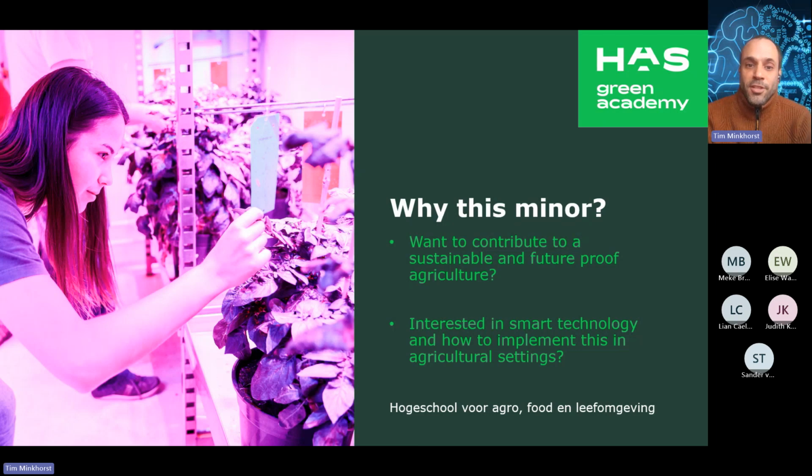And if you're interested in smart technology and how you can use and implement these in an agricultural setting, then this minor could be something for you. There are all kind of real life projects. The Haas is always working with real life projects, but also within this minor, we have some cases from growers, but also from the industry that likes to test or monitor their tools or equipment, so we can combine that.